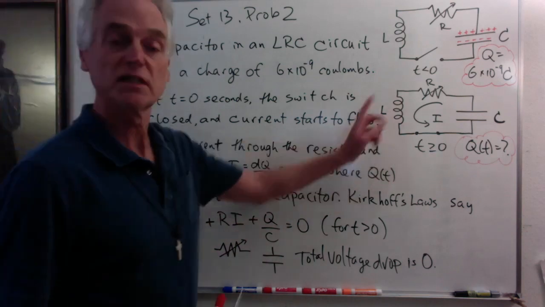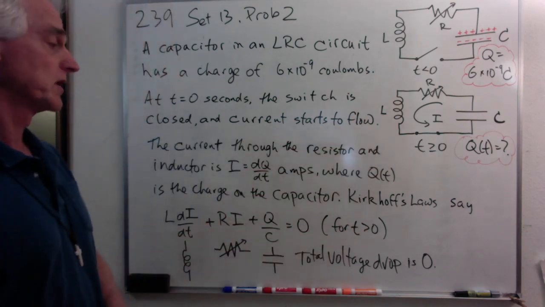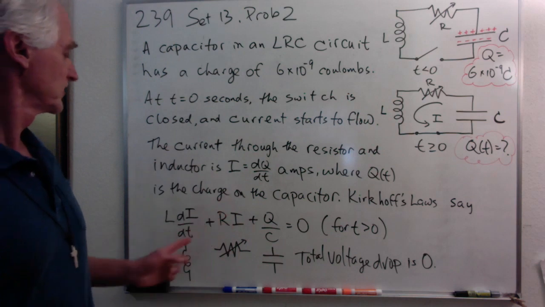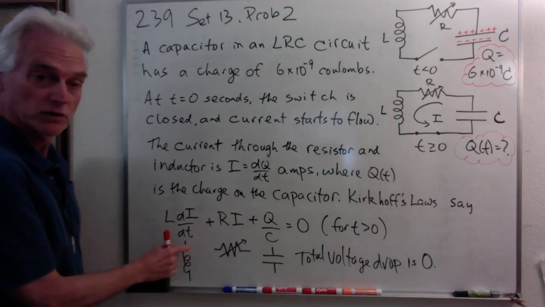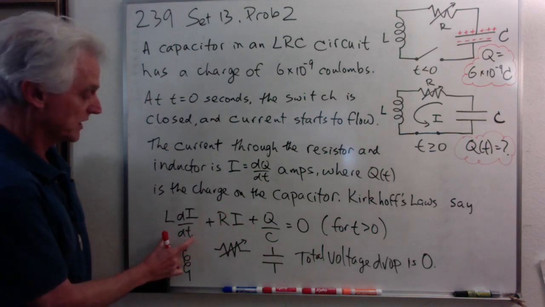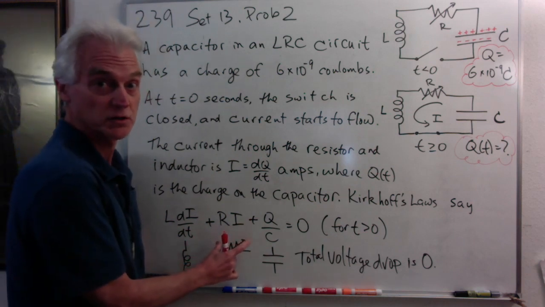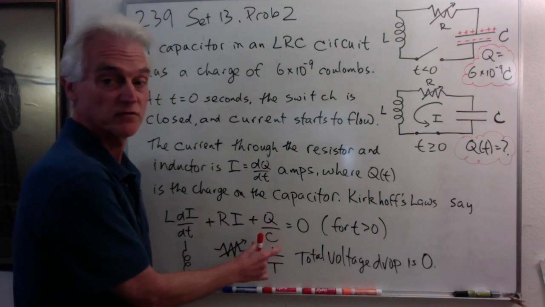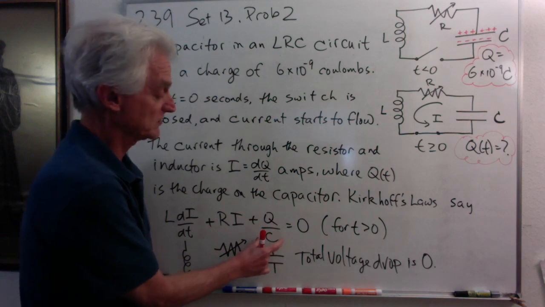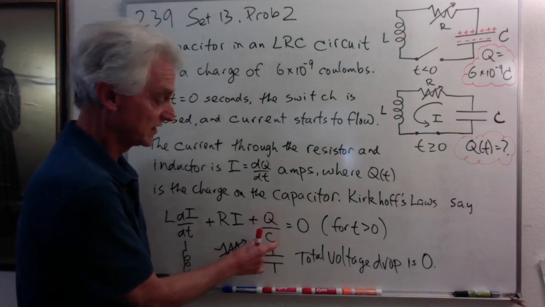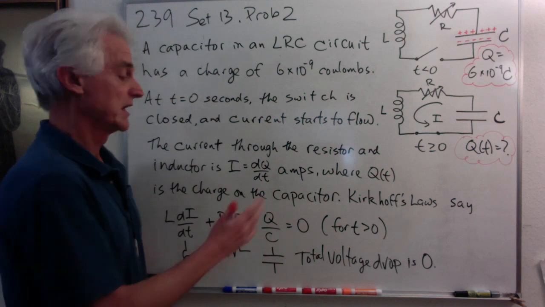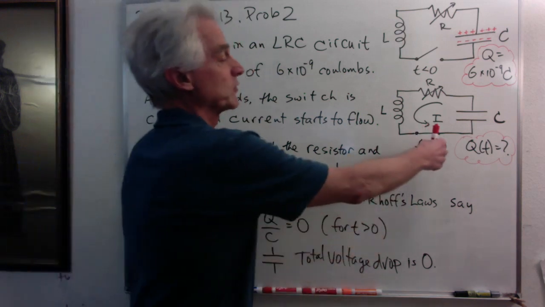Q of t is the charge on the capacitor. Kirchhoff's laws say that the voltage drop across the inductor, L di/dt, plus the voltage drop across the resistor, Ri, plus the voltage drop across the capacitor, Q over C, is equal to 0. And that's for t equals 0 after we've closed the circuit.